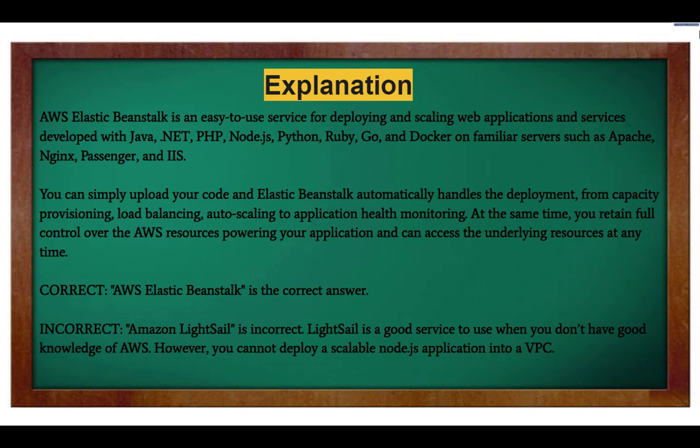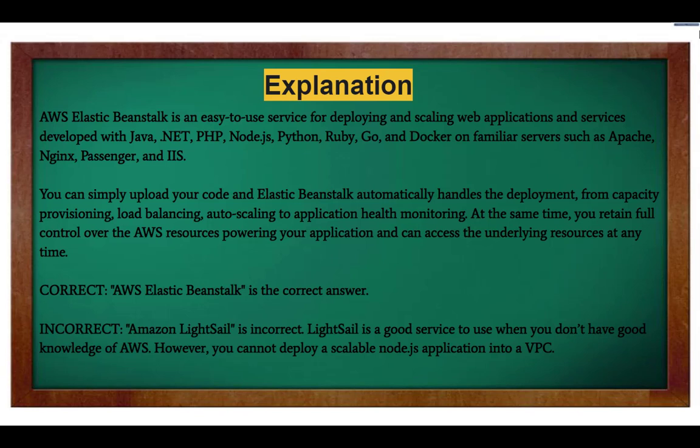Simply upload your code and Elastic Beanstalk automatically handles the deployment, from capacity provisioning, load balancing, auto-scaling to application health monitoring. At the same time, you retain full control over the AWS resources powering your application and can access the underlying resources at any time. Correct. AWS Elastic Beanstalk is the correct answer.